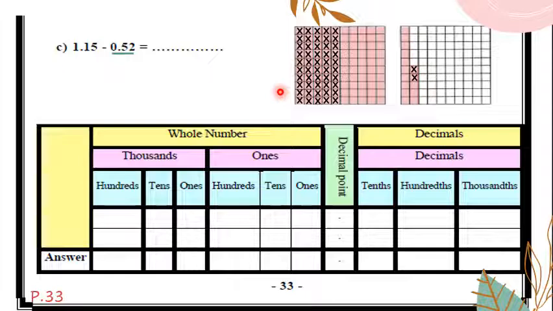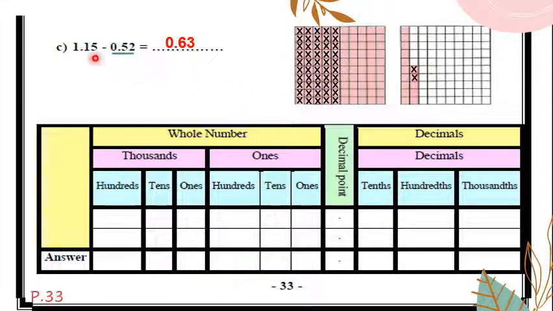Let me see what is the rest. 10, 20, 30, 40, 50, 60, 61, 62, 63. So the answer is 0.63.